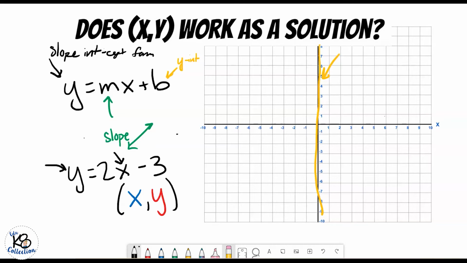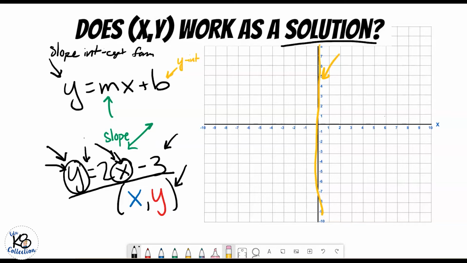If I were to graph y equals 2x minus 3 on my coordinate plane, I would have a series of points, x and y values, that could plug into the equation and still have it be true.